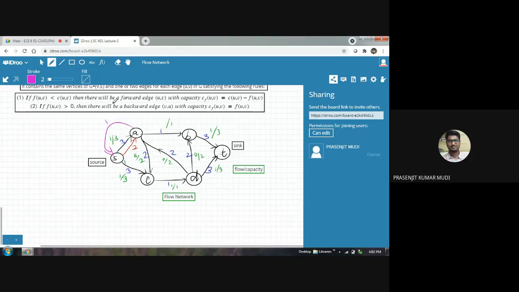That is the meaning, and we will erase this. That will be the ultimate picture when we apply these two rules onto this edge S,A. So you iteratively apply these two rules to construct the residual network of the overall flow network.